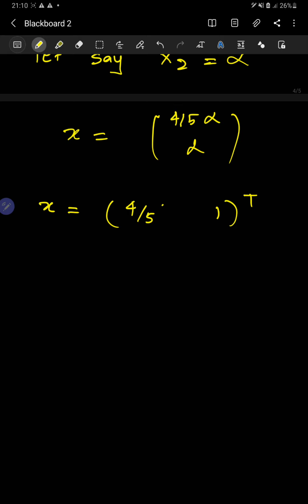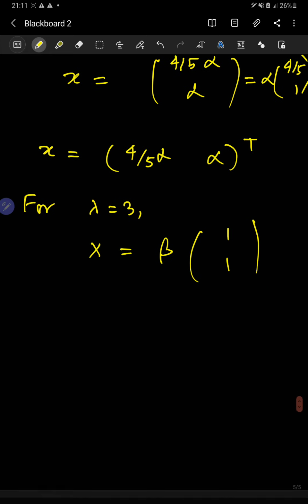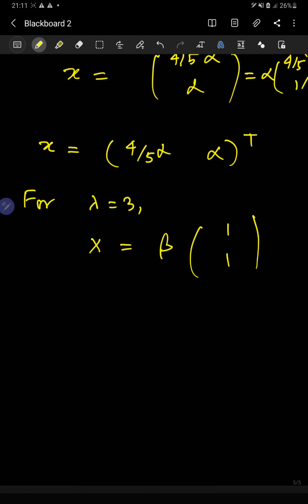We can write alpha here if you want, but you can also say that our eigenvector is a non-zero multiple of this vector (4/5, 1). For lambda equals 3, you can follow a similar procedure, and you'll find this, where beta is again any number. So you have your 2 eigenvectors here.